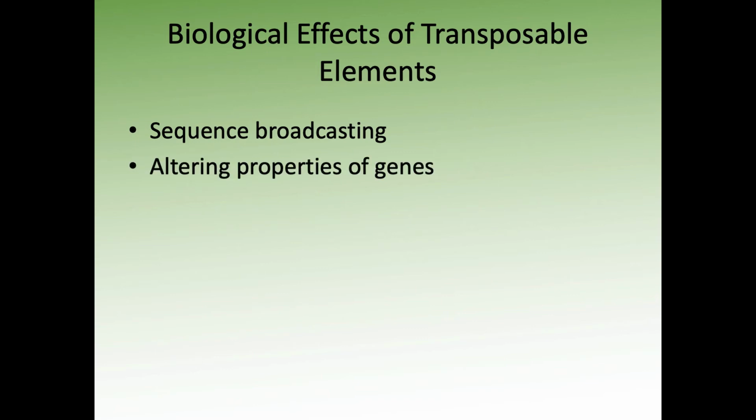They can alter the properties of genes by inserting themselves into certain parts of the gene. They are often seen as the engines of evolution, because if you want a lot of change to happen in your genome, these transposable elements, because they're jumping around the genome and sometimes taking pieces of the genome with them when they jump, are an interesting way to make big changes all at once.